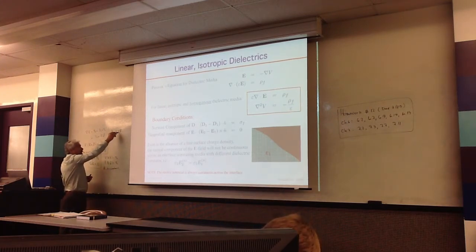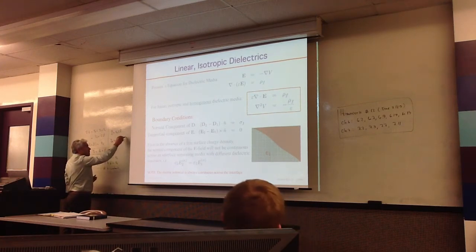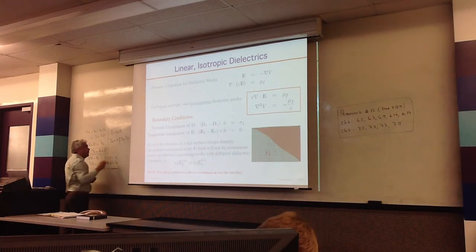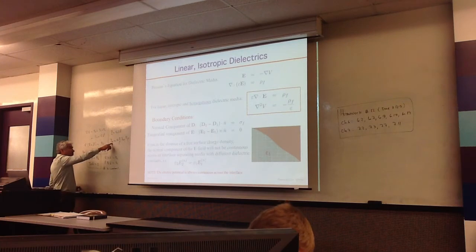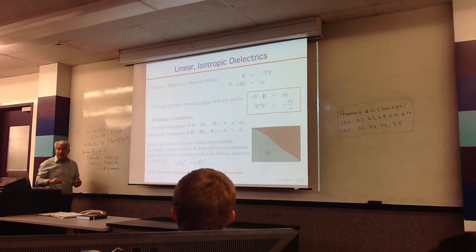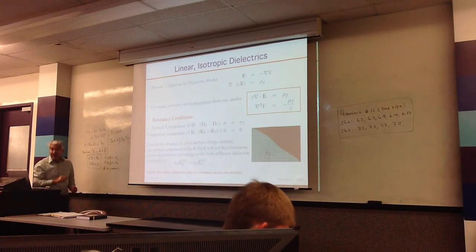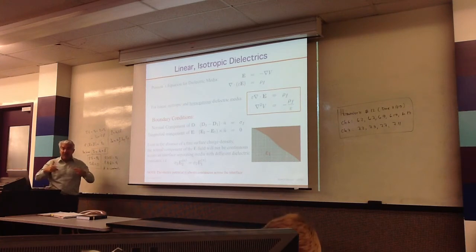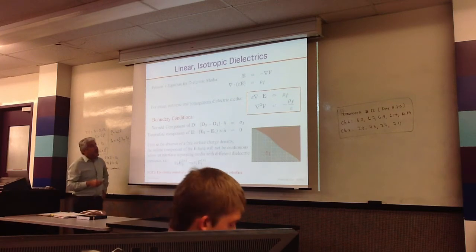This chi is not a tensor, but if you had something that depends on orientation, then you would have P alpha equal to epsilon 0 chi alpha beta E beta. So the component of polarization in the alpha direction depends on what the electric field is in the beta direction, right? So that is clearly not isotropic. In different directions, you get different polarizations. And that is clearly not the case we're going to treat here.